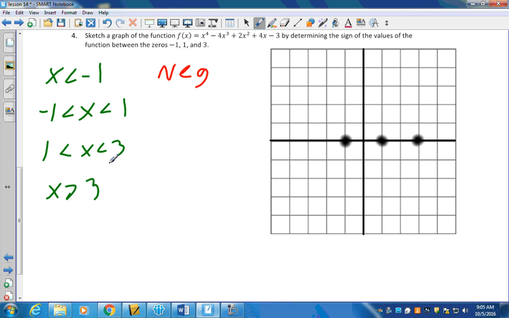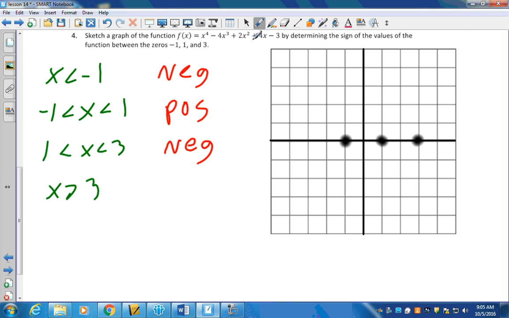Did anyone else pick one? What number did you pick? You picked 0. Did you get a positive or negative answer? I think it's negative. I don't know for sure. Check. This one's positive. Did anyone do that one? Negative. Negative, negative.